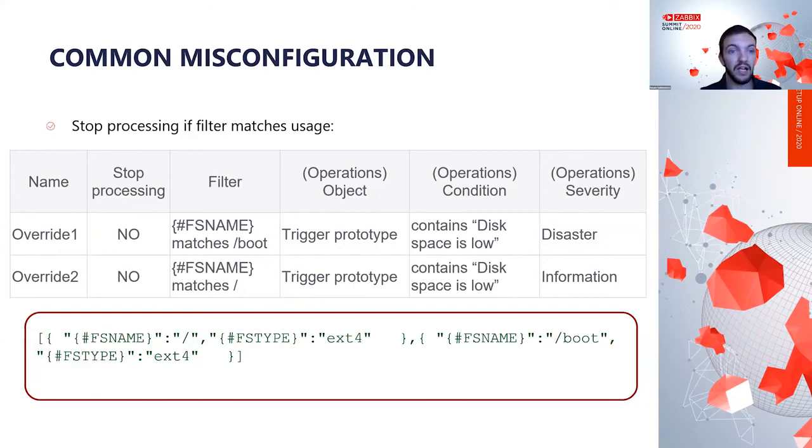So it kind of goes over one another. Therefore, it's very, very important for you to think about the logic and to really think about when to stop your overrides. Otherwise, they might override each other, and it's just going to give you some unexpected results.